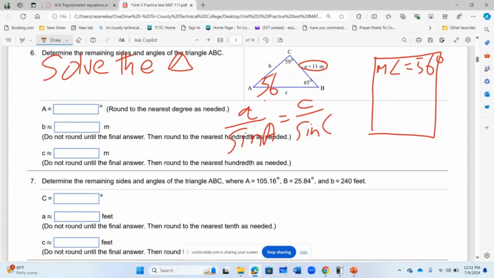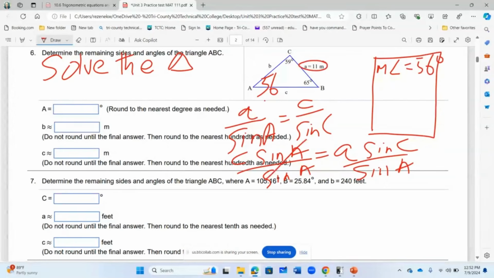All right. So now I plug in what I know. If I like, I can solve for C immediately. So I can actually say C sine A is equal to A sine C. And then, because I'm looking for C, I divide both sides by sine A. And this cancels.